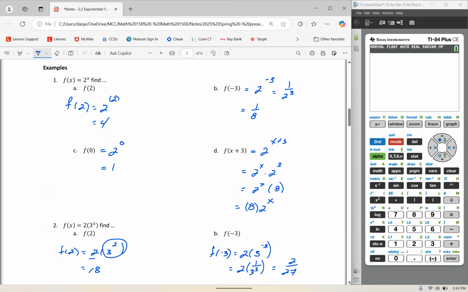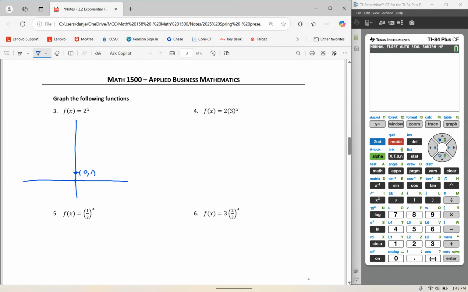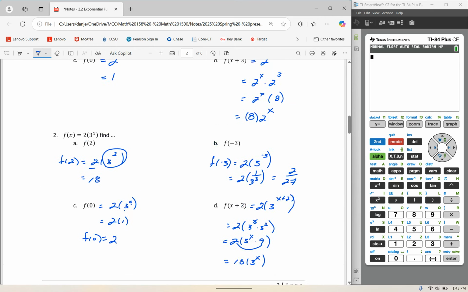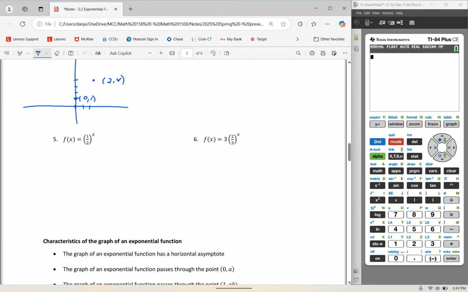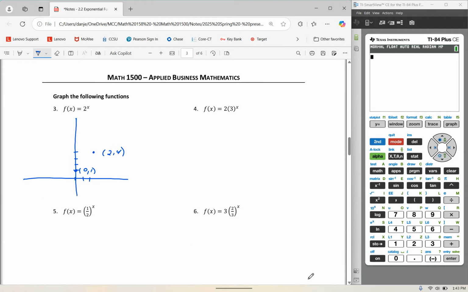F of 2 was 4. If x is 2, y was 4. So we have the point 2, 4. You'll also recall that f of negative 3 was 1/8. A lot of scrolling here. So that's the point, negative 3, 1/8.